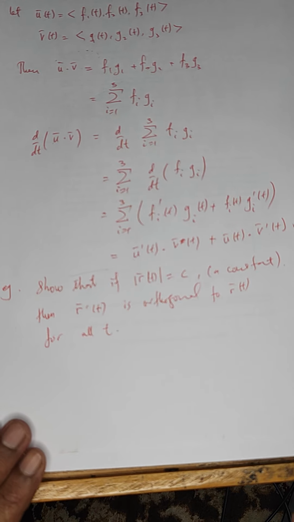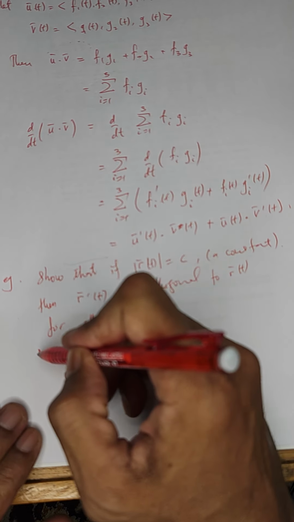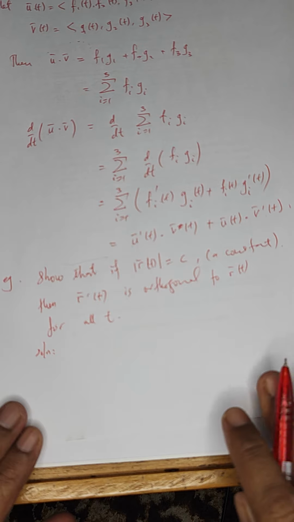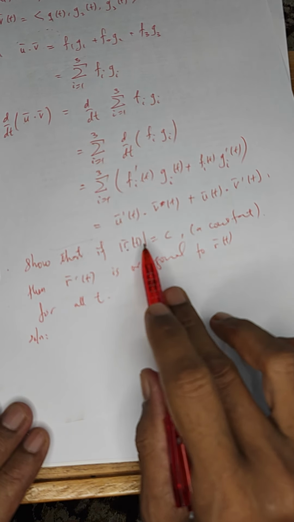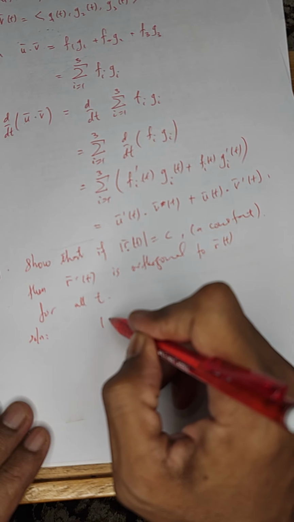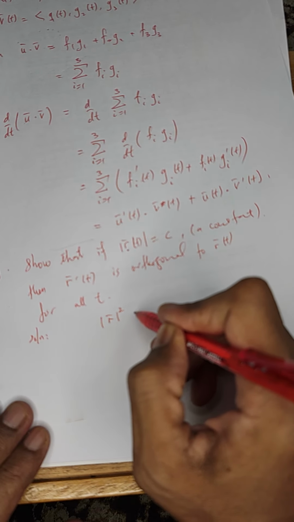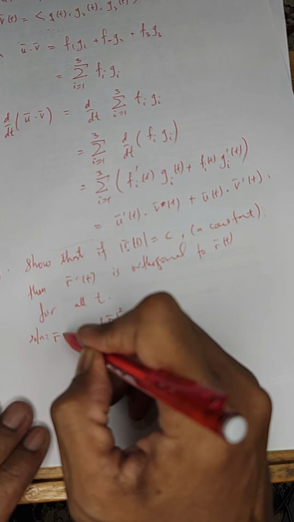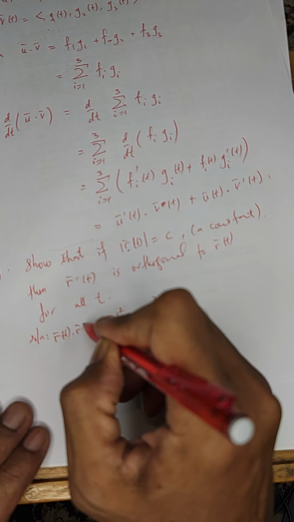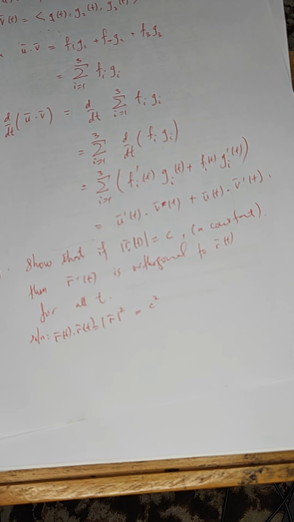So how to do this? Solution. Given that, I can write the magnitude squared as r squared. This is r(t) dot r(t). That gives you those.